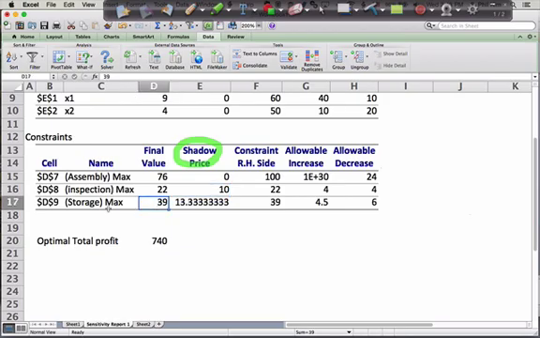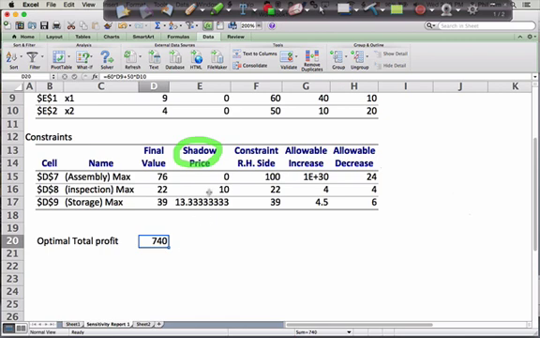So storage also, we use all the storage, 39 storage. So if I increase 1 unit, which means if I have 40 square feet of area available, then this 740 will become 753.333. So you have some improvement.